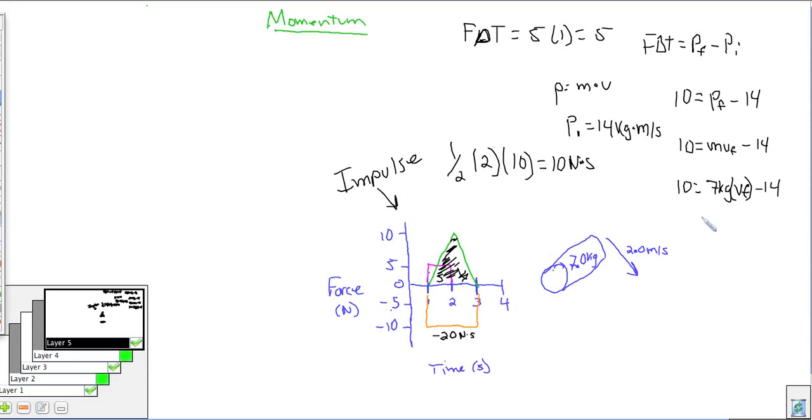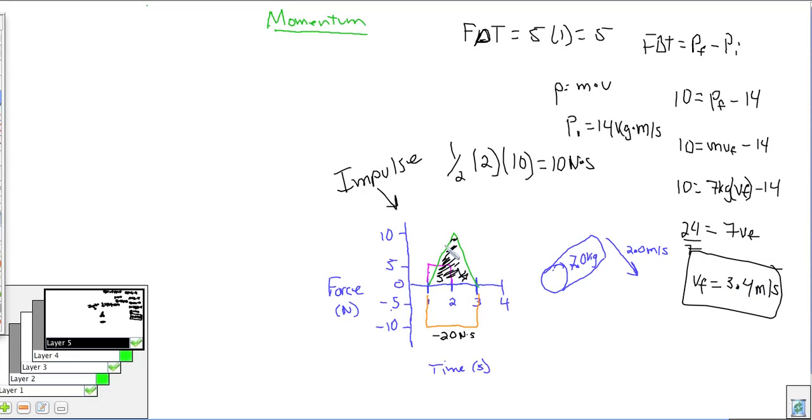I'm just going to add 14 to this side. So I end up with 24 equals 7 times my velocity final. Divide both sides by 7, and what is my velocity final? Go ahead and calculate it. It's going to be 3.4 meters per second.